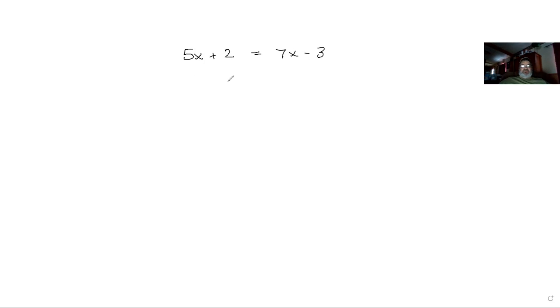What we want to do is decide which side of the equation is going to have our letters, our variables, and which side is going to have our constants. So I like to always have my variables on the left. That's just kind of how I roll. So I'm going to put all my variables on the left side. All my constants are going to be on the right.